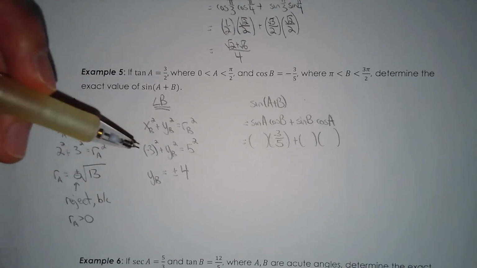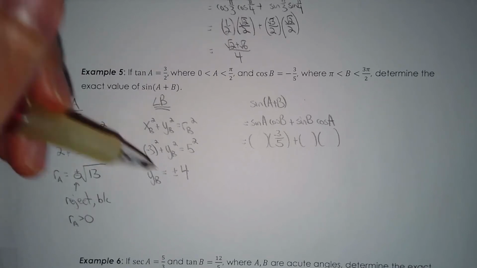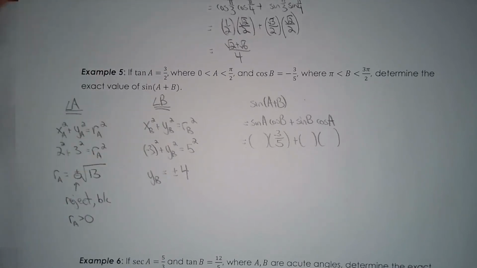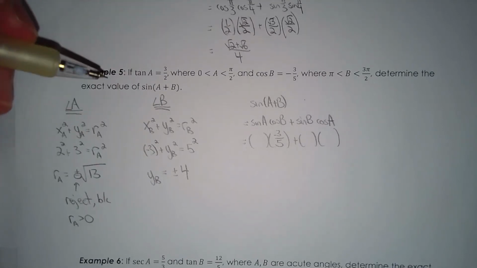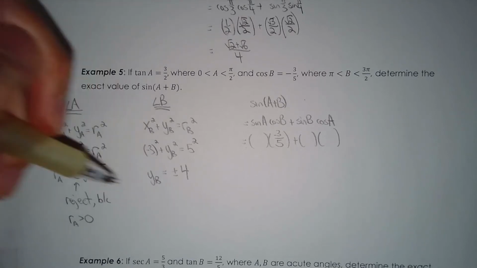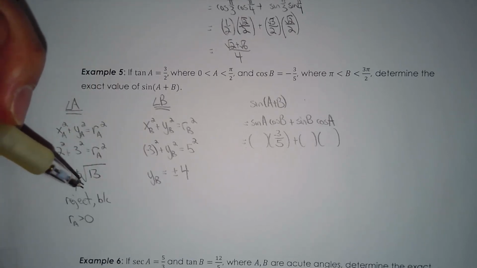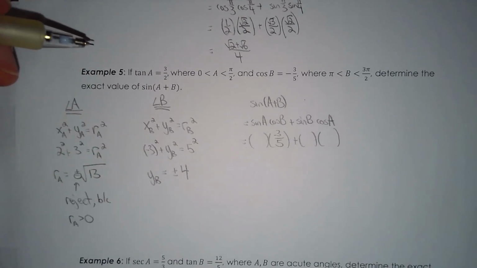It's one of the most special right triangles you're going to work with. With practice, you'll be able to recognize these special right triangles. But this is when they work out perfectly. These are called Pythagorean triples, when all three sides of your right triangle are whole numbers.